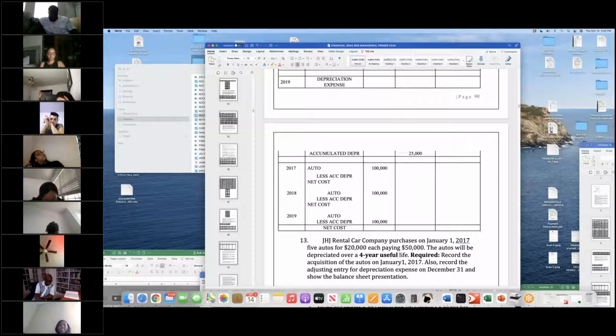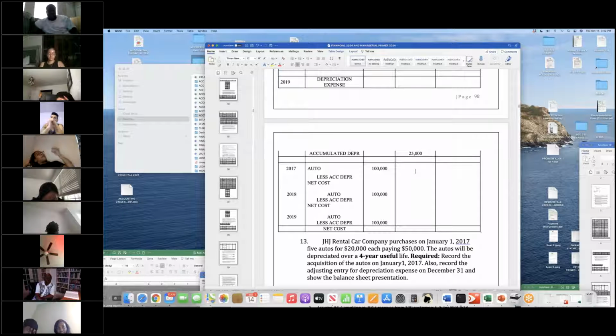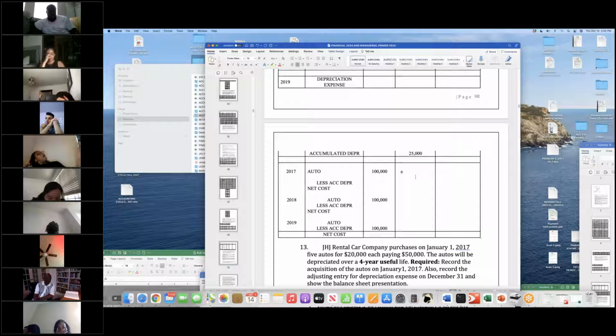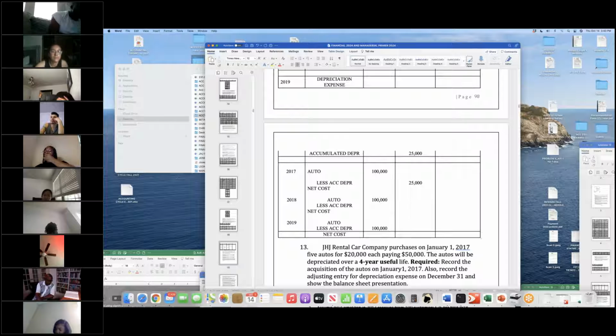What kind of account is accumulated depreciation? Is it an asset? Is it what? What's the normal balance?